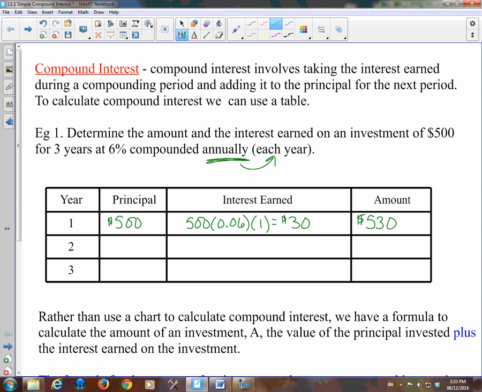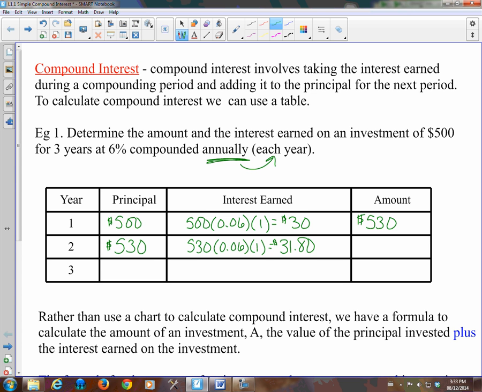So for year 2, my principal becomes, when we have compound interest, $530. So my principal is $530 times 0.06 for a year. So if I have 530 times 0.06, I make more interest, and I get $31.80 worth of interest.